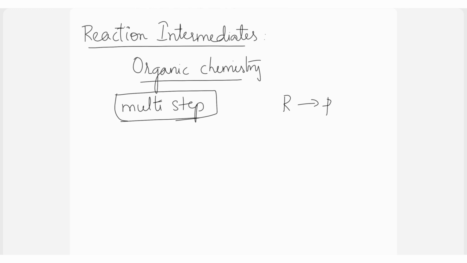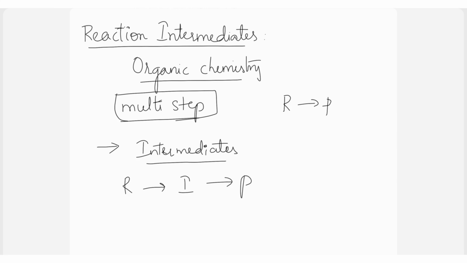So in such a case, in any of the steps, we get intermediates. Now what are these intermediates? They have a very short span of life, and they convert into the products. So reactant converts into some intermediate and then it converts into products.